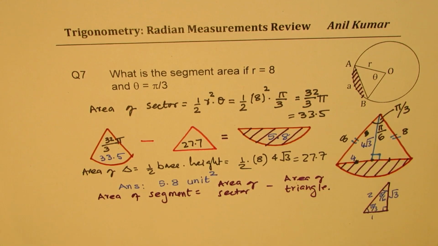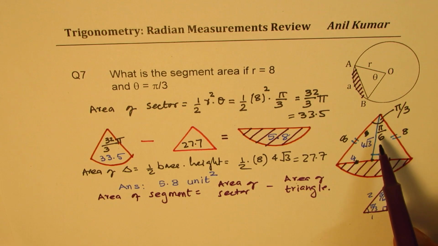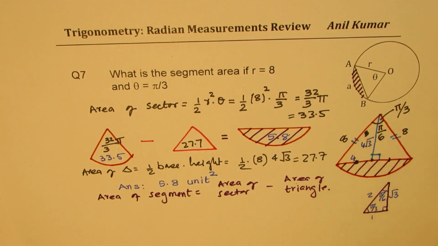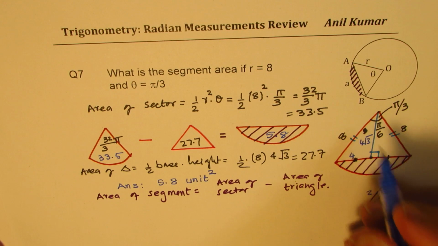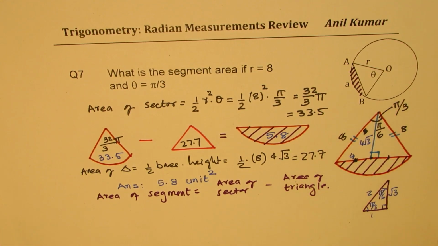That is how you're going to find the area of segment. To find the area of the triangle, we need to find the altitude. You could always use cosine of theta, so use trigonometry. In our case, it was a special triangle, so we just got it straight. I hope you understand the whole concept.